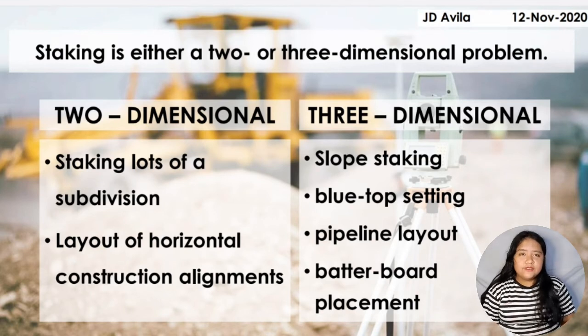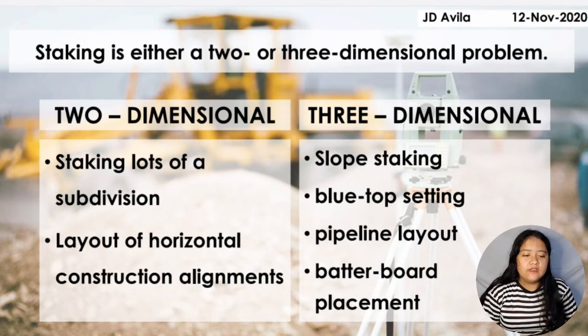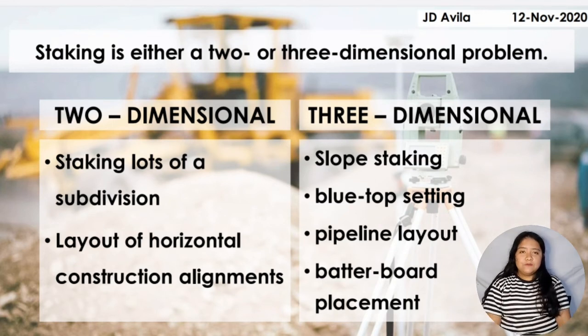For two-dimensional stakeout, after the file of coordinates for all control stations and points to be staked is downloaded and the instrument is oriented horizontally, the identifying number of a point to be staked is entered into the instrument through the keyboard. The microprocessor immediately calculates the horizontal distance and azimuth required to stake the point.